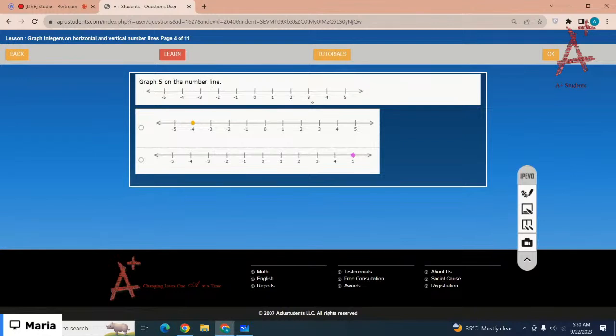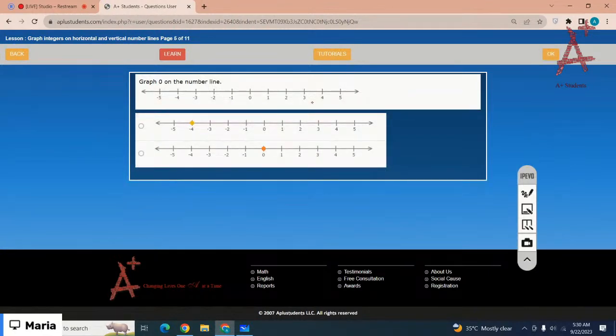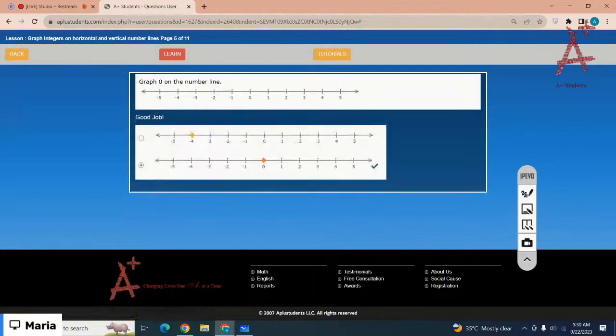That would be the second one. Okay, graph 0 on the number line. So which is the correct option? Here is 0. The second option is the correct one.